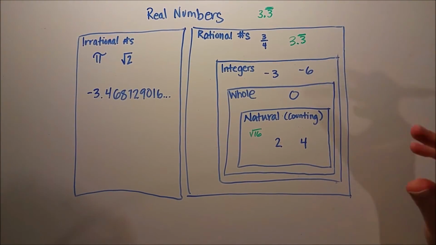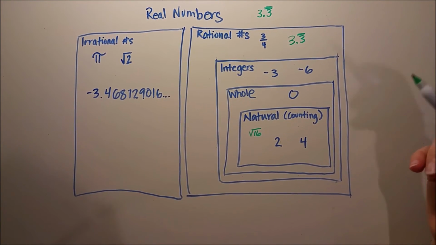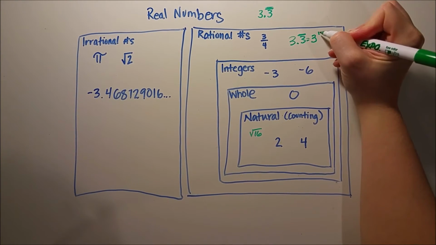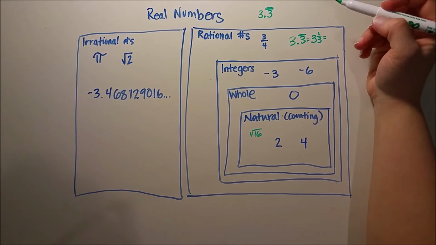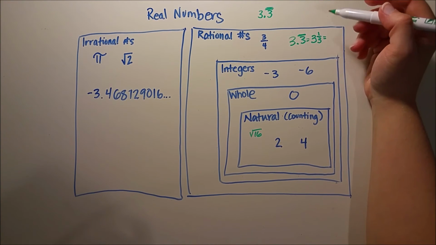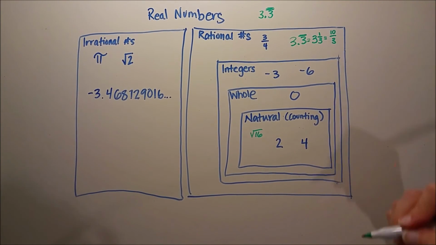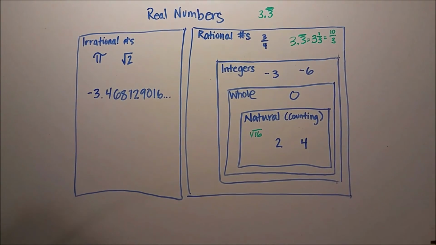But it is a rational number. So how would we write this as a fraction? This is 3 1/3. Or if you wanted to look at it as an improper fraction, it would be 10/3 as a ratio.